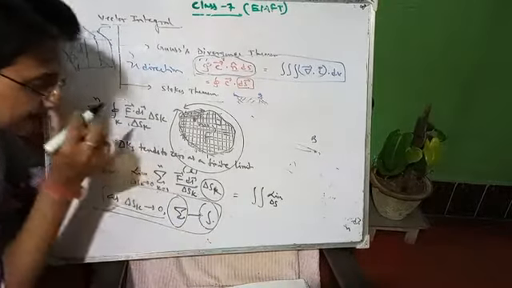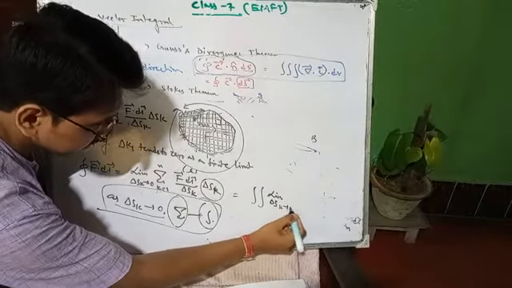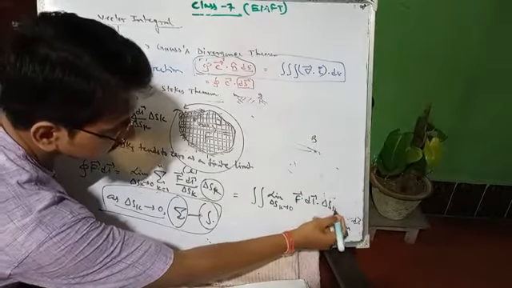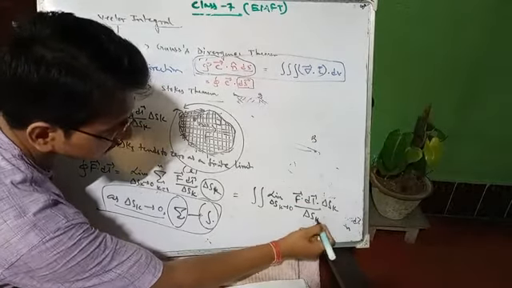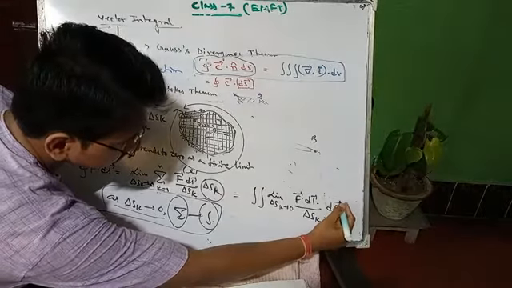Always remember this. So the limit as del sk tends to 0 of the closed line integration of f dot dl over del sk, and this del sk now becomes ds.